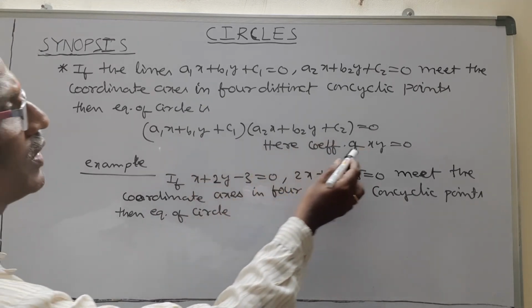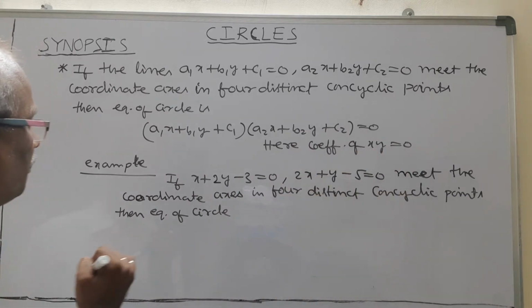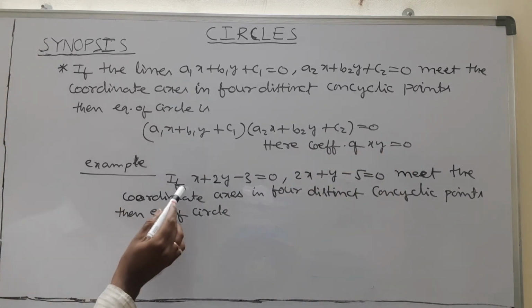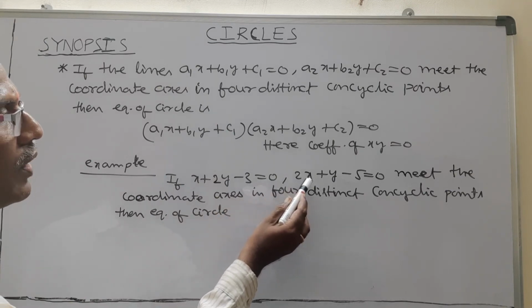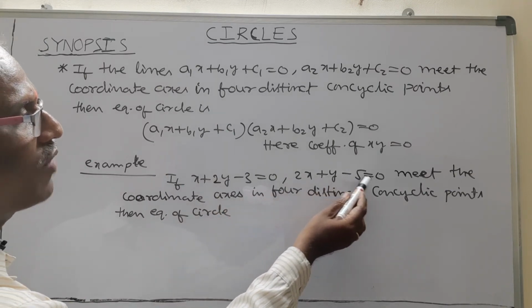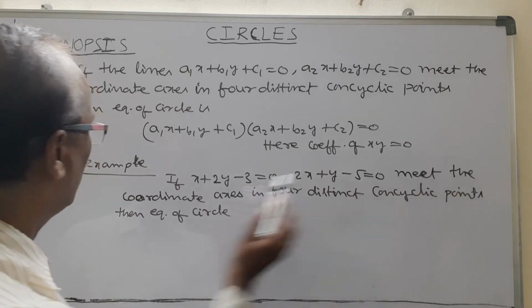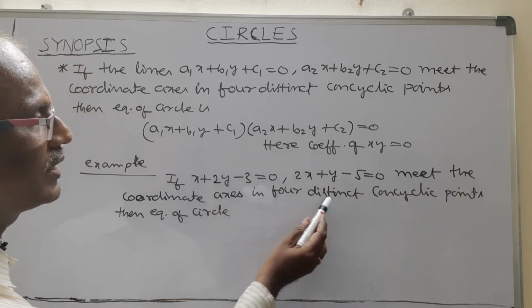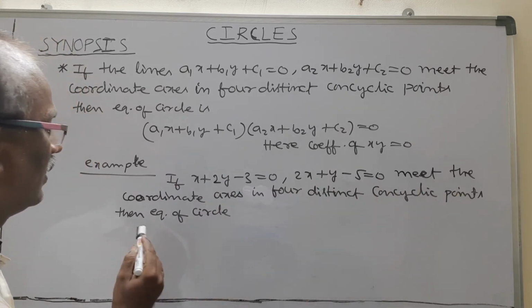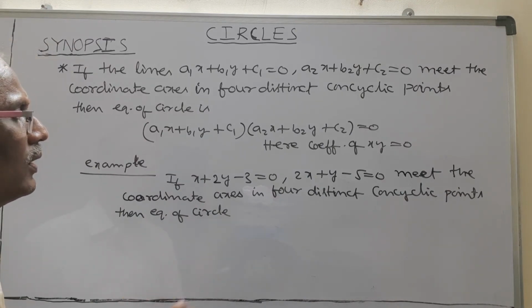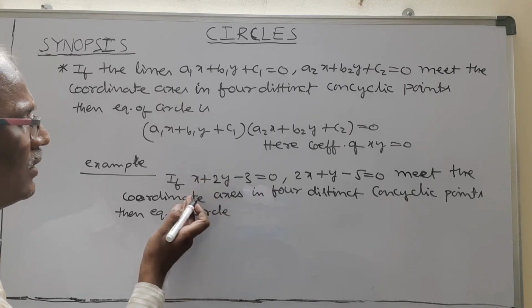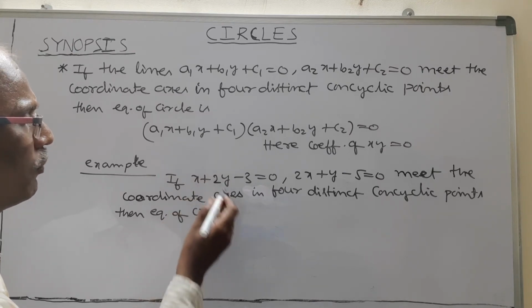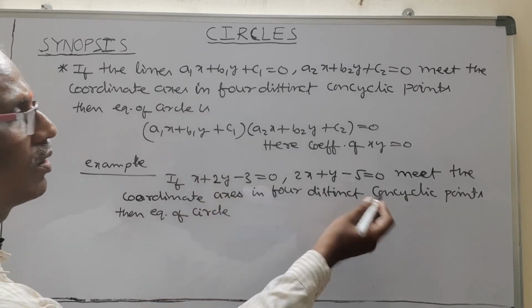Here the coefficient of xy is 0. In an example, if x + 2y − 3 = 0 and 2x + y − 5 = 0 meet the coordinate axes in 4 distinct concyclic points, then find the equation of the circle. These are the lines intersecting the coordinate axes. Here the 4 distinct points are concyclic.